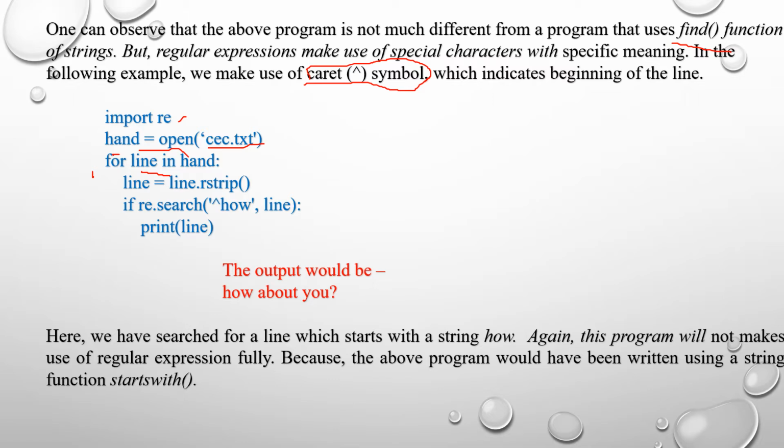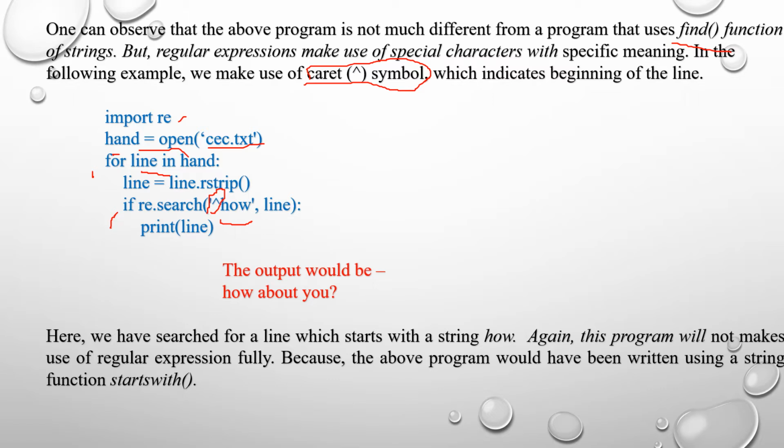After that I am going to use rstrip on line. It returns the string without space. Here I am declaring one condition, where I am going to search for how in line, using the caret symbol.